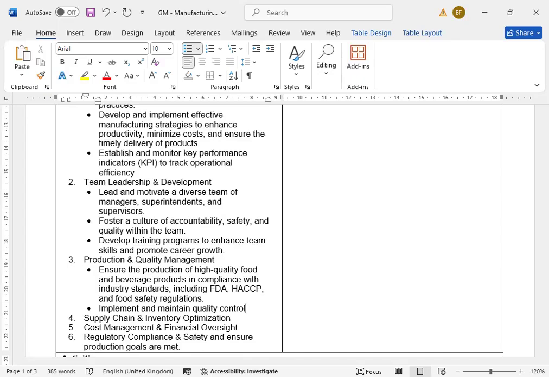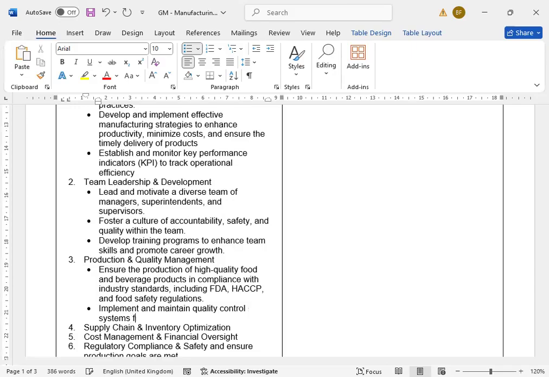There would be quality control systems in place to prevent defects and to prevent contamination. Very important in a food company, food safety.